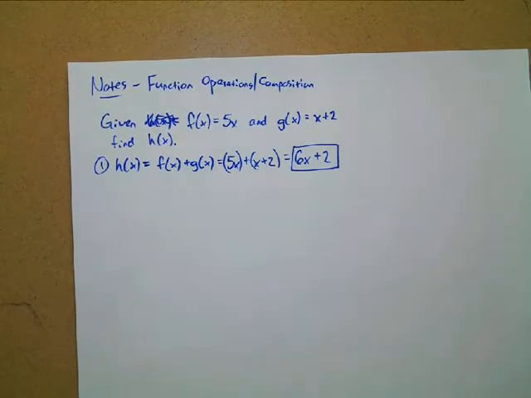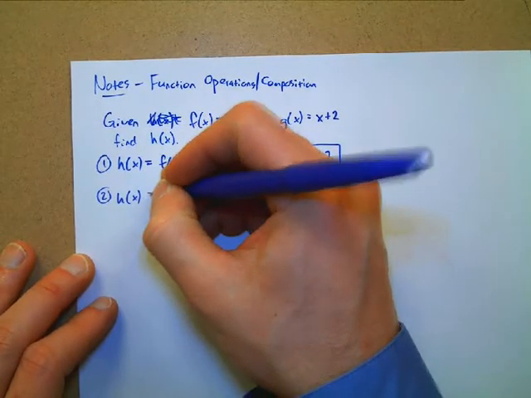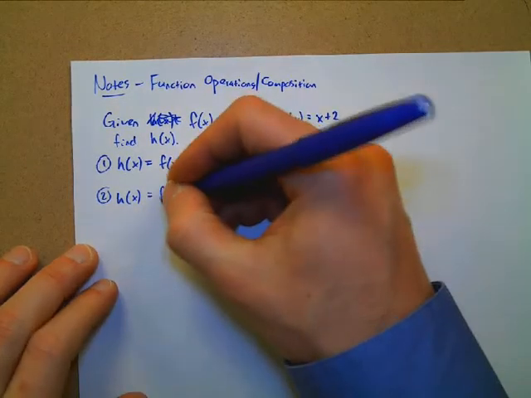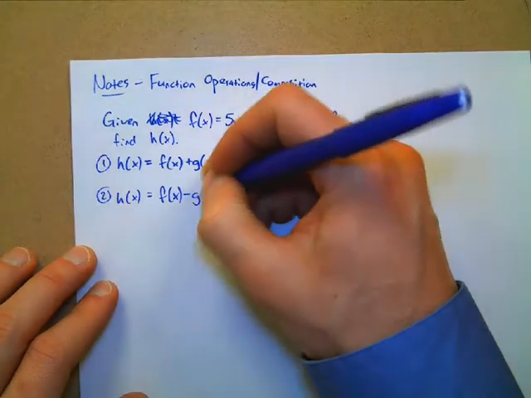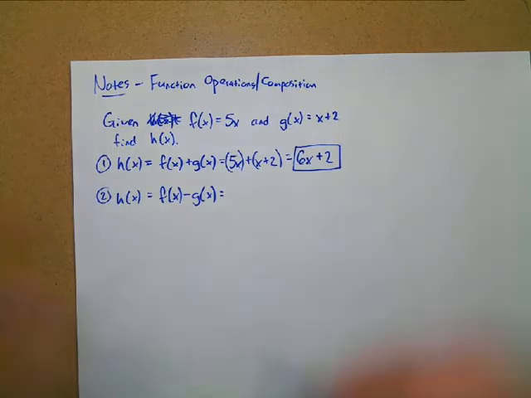Okay. What about h of x equals, excuse me, let's do f of x minus g of x. Right, so now we want to subtract them. Well, it's just like adding. Right, again, I'm going to replace f of x with what it's equal to, the 5x there. I'll put it in parentheses.